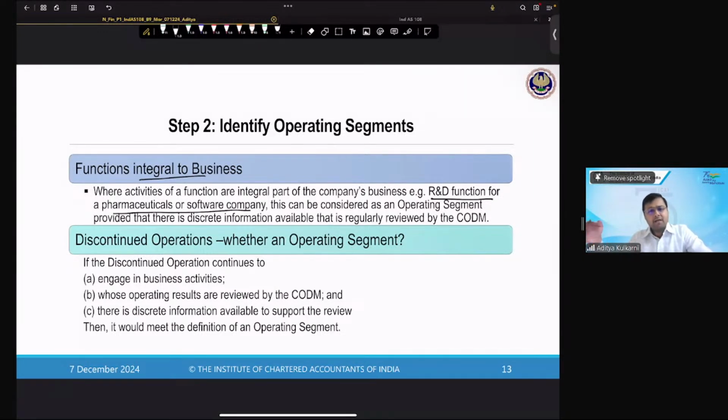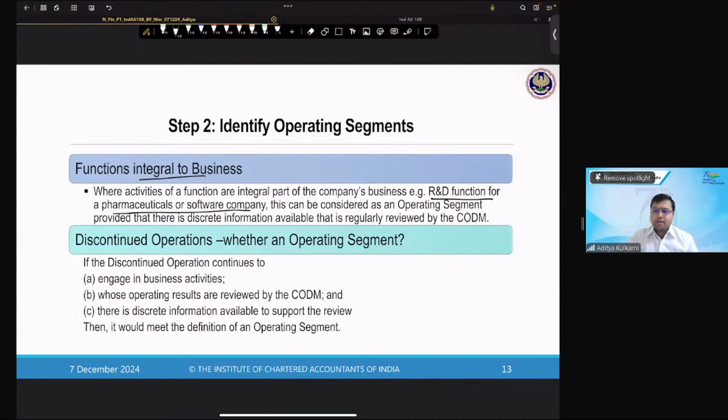Technical feasibility, intent of the entity to complete the project, cost can be measured reliably. You remember these? Those 6 to 7 conditions, if they are fulfilled, then and only then can you recognize it as an intangible asset. Otherwise, it will not be an intangible asset.